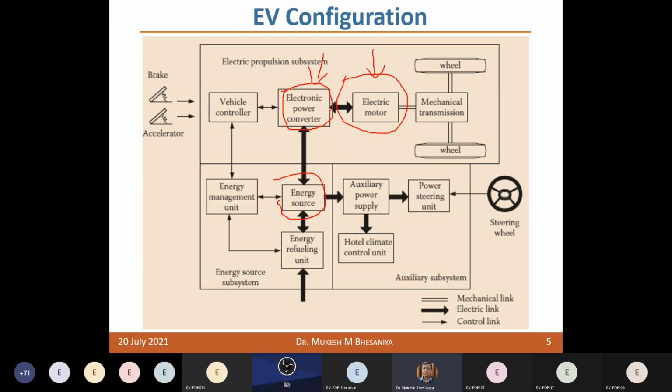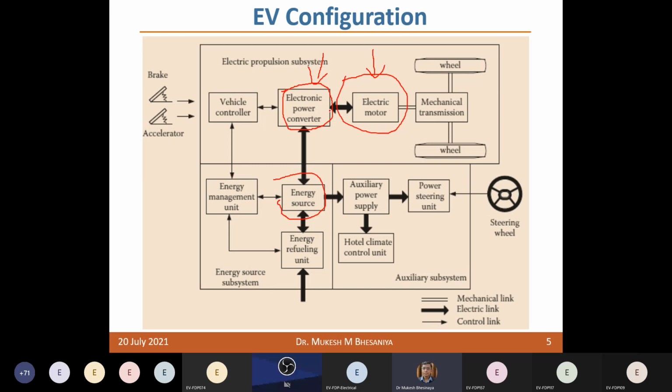And then depending upon the type of control strategy that you use in the inverter, the inverters can be operated in a 6-step mode, or you can go for pulse width modulation. People are also using space vector modulation.